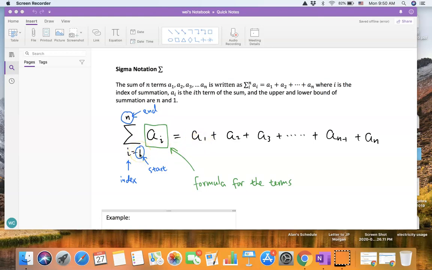Now if this equals 2, that means the first term starts at 2. And the upper bound tells us what is the last term. Say if n equals 10, then that means the last term is the 10th term.